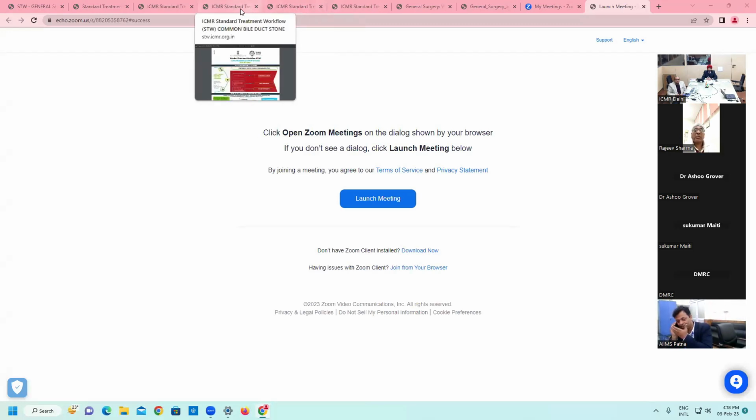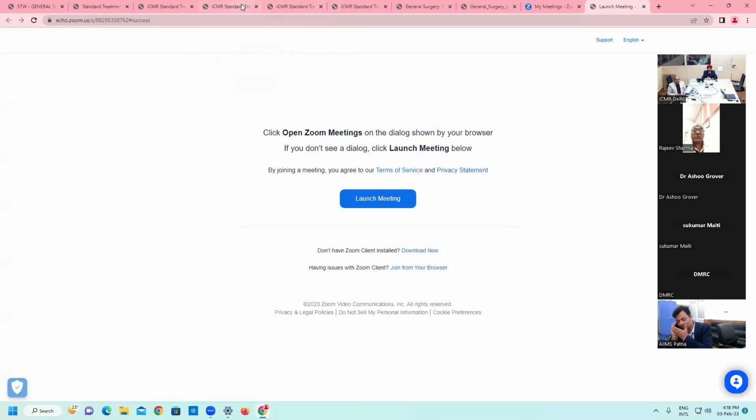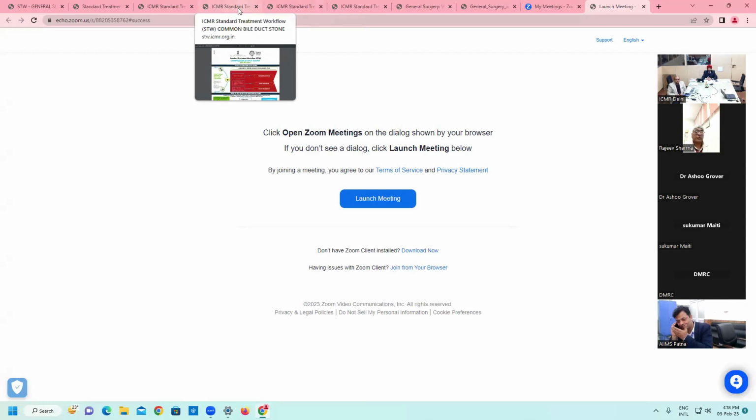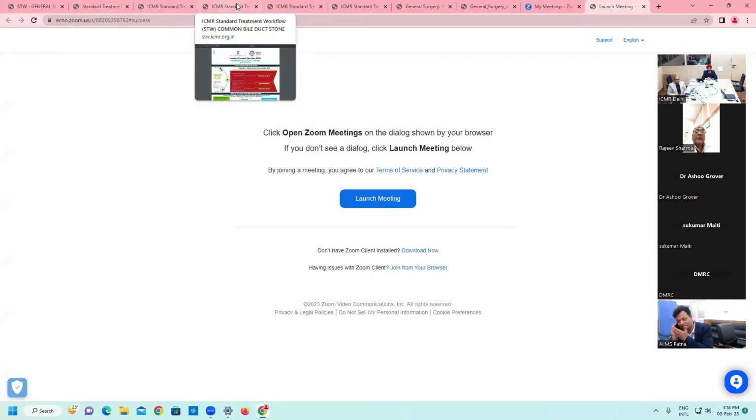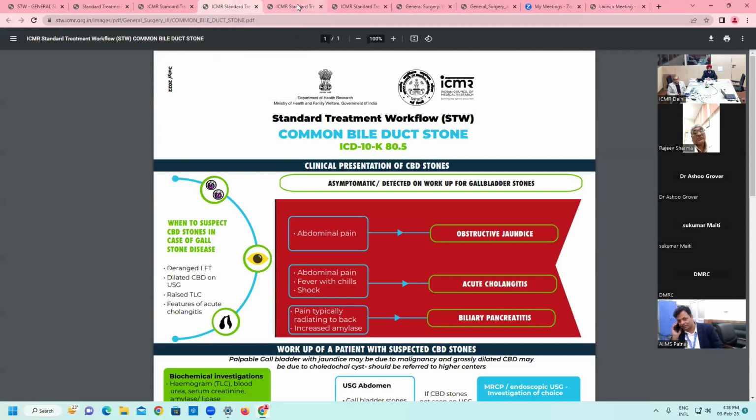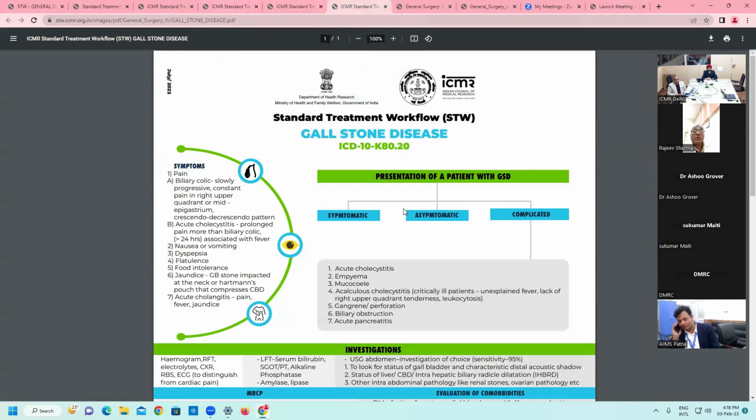Gallstone is a very common disease in our country, and almost 4 to 11% of people are affected by gallstone disease. Luckily, only 20% of them are symptomatic.